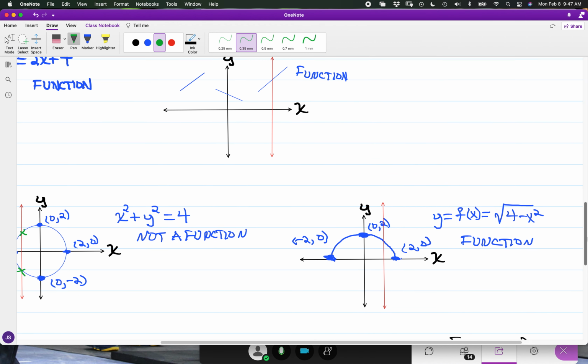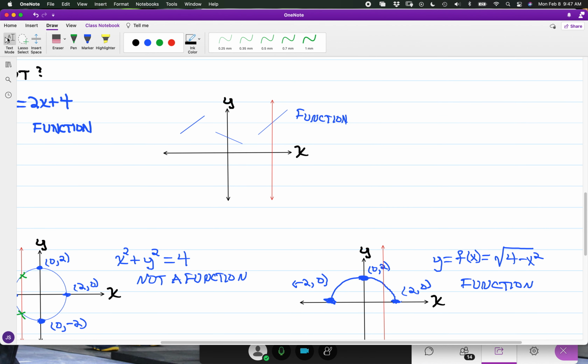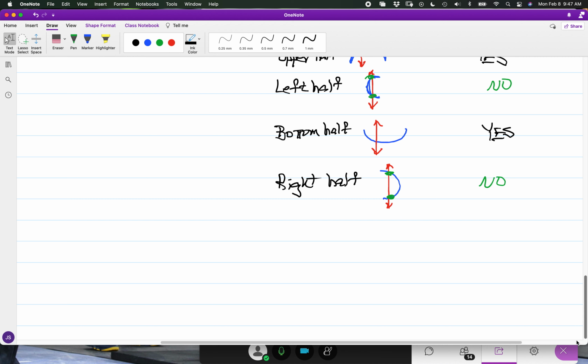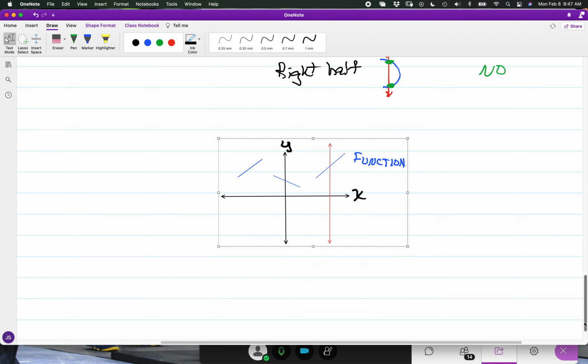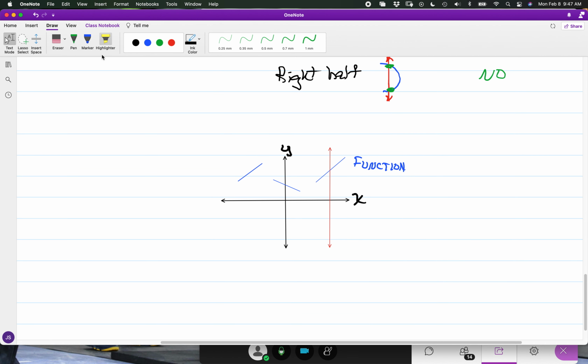For this particular setup we had moments ago, say I were to add a segment.